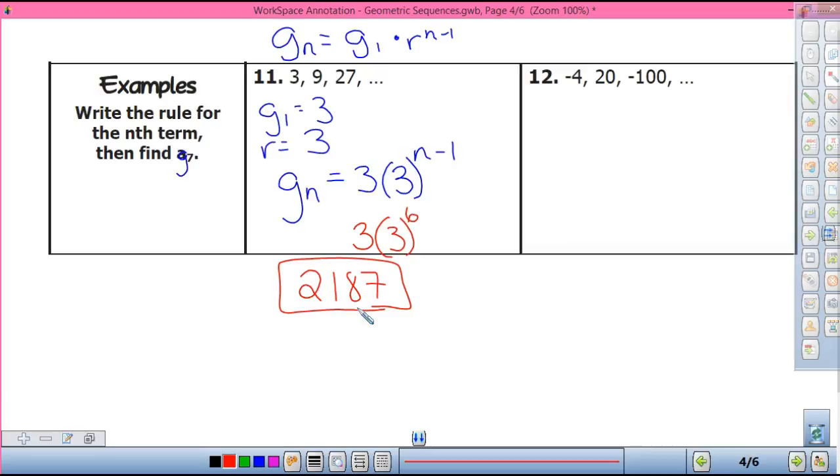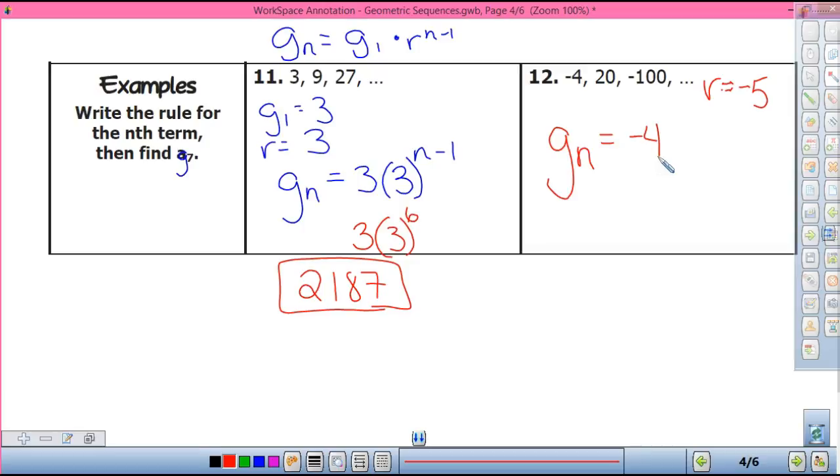All right, so number 12, what's my common ratio? -5. Everyone, who's here on Fridays? G sub n equals, what's my first term? -4. Everybody, you should be paying attention to this rather than pushing buttons in your calculator.